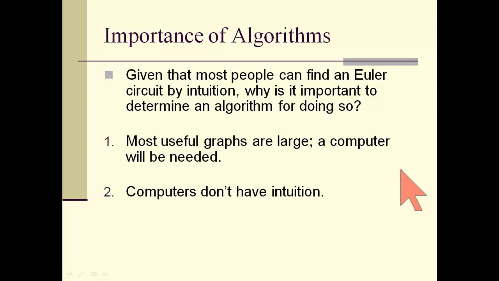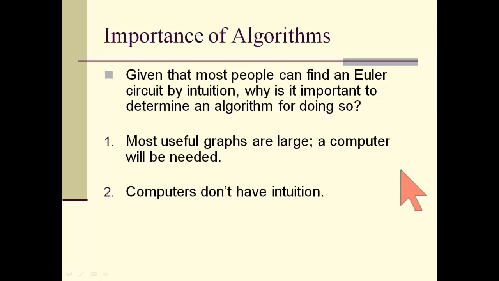We found Euler circuits for several graphs before, and they were pretty easy to do by hand. And so why is it important to find an algorithm, or why is it important to be able to write a computer program to do this kind of thing? Two reasons. One is that most graphs that we want to do this with are large.